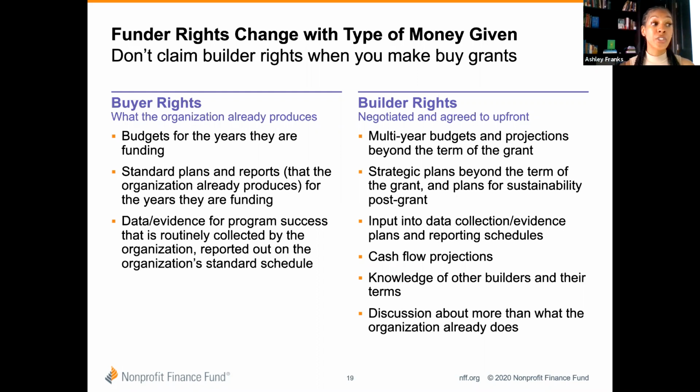The funder might ask for strategic plans beyond the term of the grant for those same reasons. They may ask for cash flow projections and discussion about more than what the organization does, because they're paying for more than what the organization already does. That is all fair. What we don't want to see is a buyer claiming builder rights. And I'm sure many of you in the room have experienced a muddled partnership in this way, which is why it's important to know the difference.